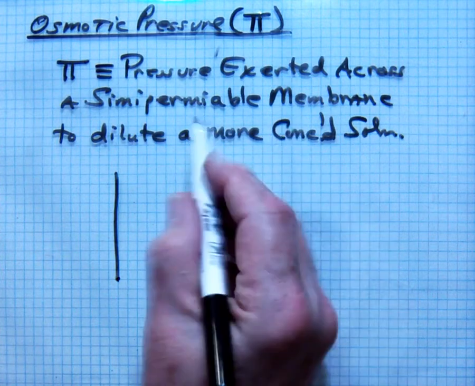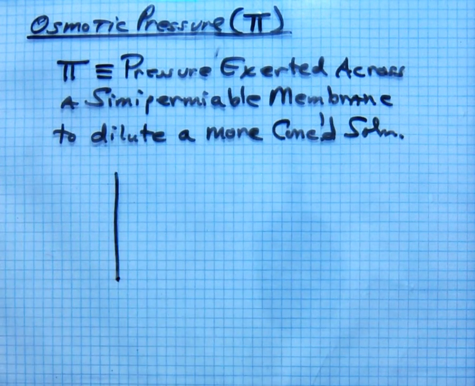A semi-permeable membrane right here allows fluid to flow in one direction but not the other.